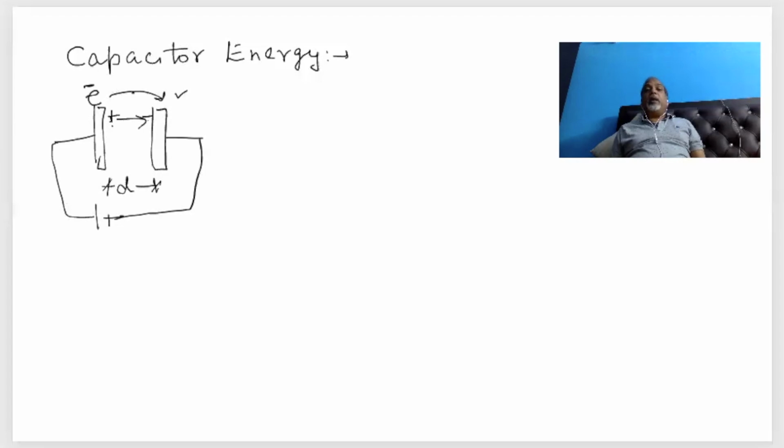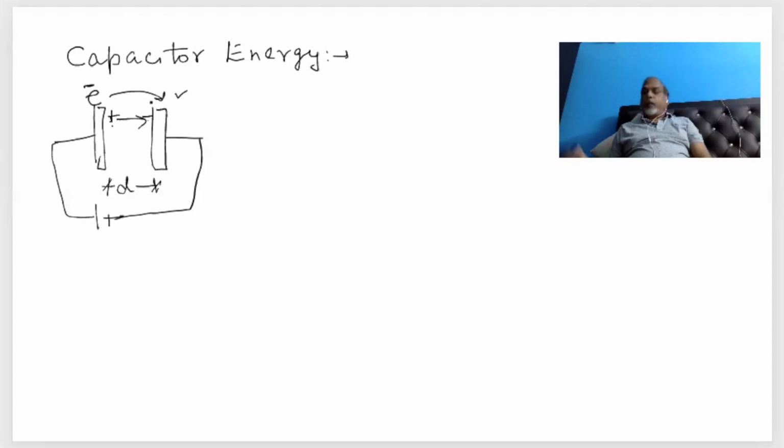So it will be difficult for us to move the second electron in comparison to the first electron. So we have to do more work than what we had done for shifting the first electron. Likewise, as you move on with these electrons, you have to do more and more energy. Means you are doing the work basically against the electric field which is being developed here.